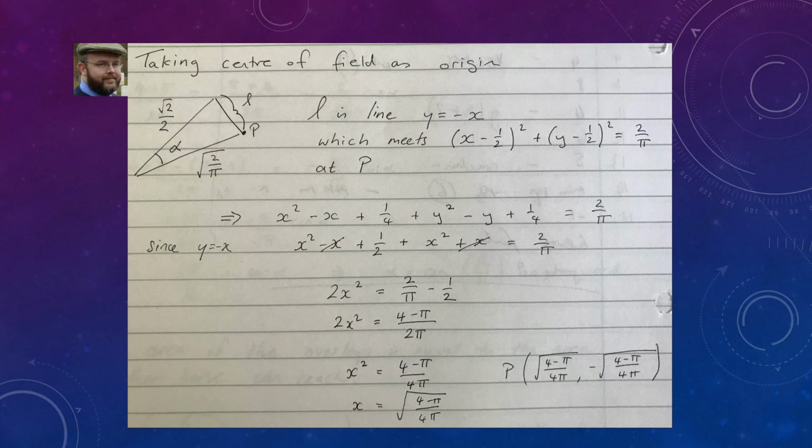And of course, if I find out where they meet, by doing a simultaneous equation, I can work out that x is equal to the square root of 4 minus pi over 4 pi. Now of course this point that I'm looking for is to the right and down from the origin at the centre of the field, so my point P is on the line y equals minus x. It means my y coordinate is going to be the negative version of my x coordinate. And so there I've written down the point P.